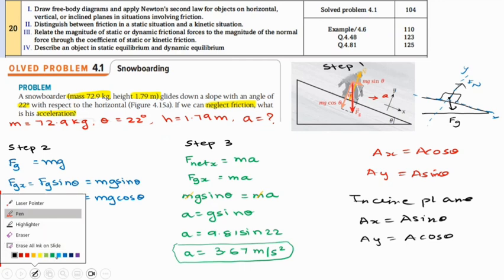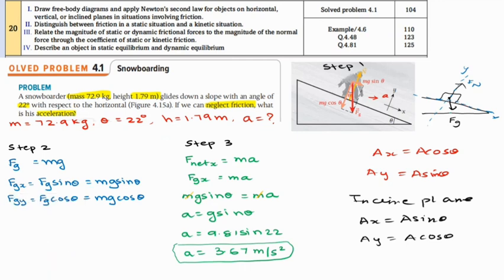Then after you draw these two forces, I have to split force due to gravity because Fg is neither on the x-axis nor on the y-axis. So we split Fg, one along the x-axis, which is Fg x, one along the y-axis, which is Fg y.